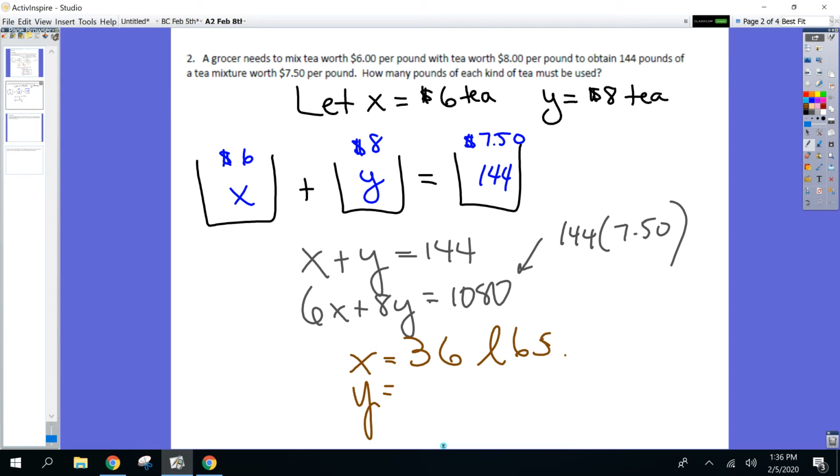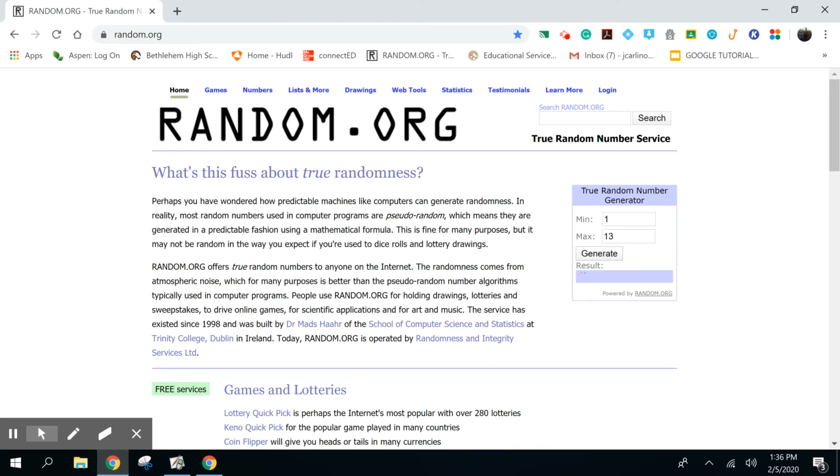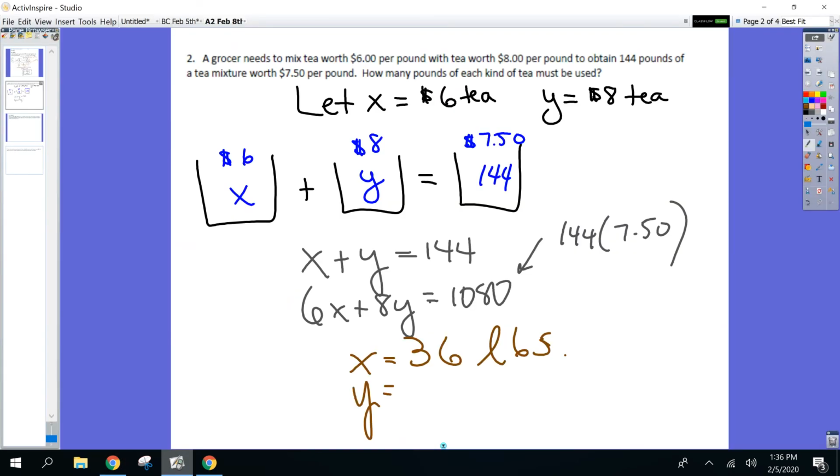And then how much $8 tea then? When you're ready there. 108 pounds. Yep. Okay. No issues. Mixtures. Draw yourself out a diagram if you need to. Last type, motion.